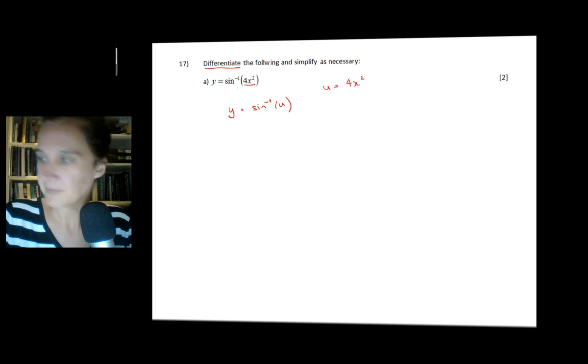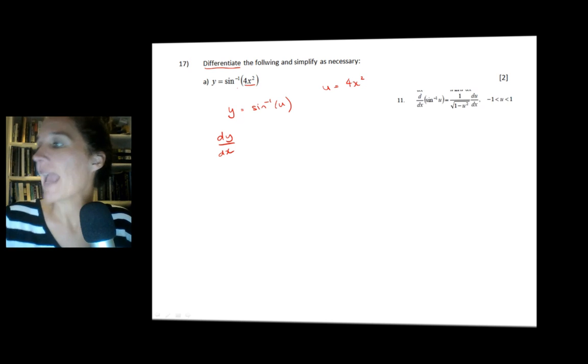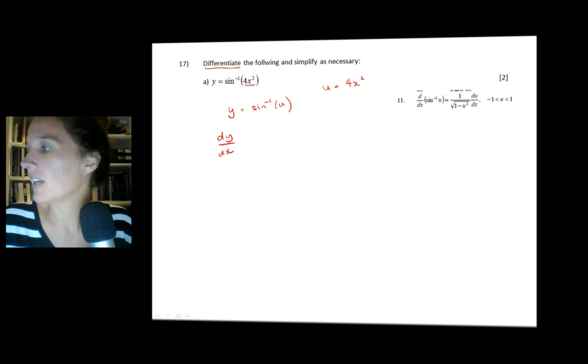So if we do dy on dx, we go to our formula sheet. We have this formula 11 from our formula sheet. So here our derivative of inverse sine of u is 1 on the square root of 1 minus u squared, multiplied by du on dx.